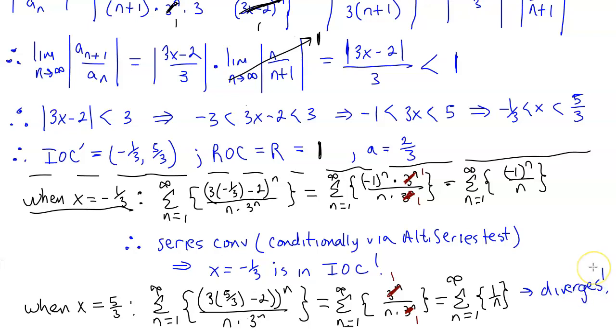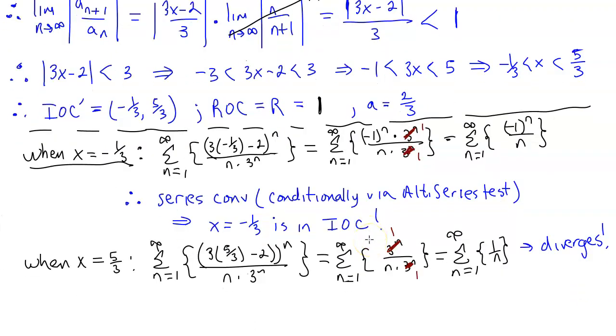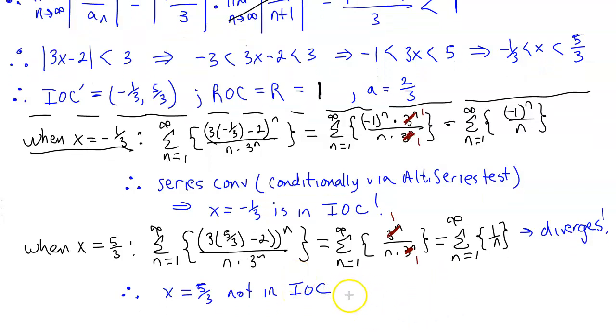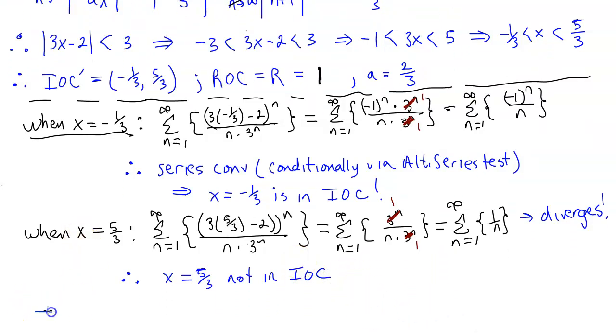Therefore, we know from here that x equals 5/3 is not going to be in our interval of convergence. So our interval of convergence now is going to be including -1/3, excluding 5/3.